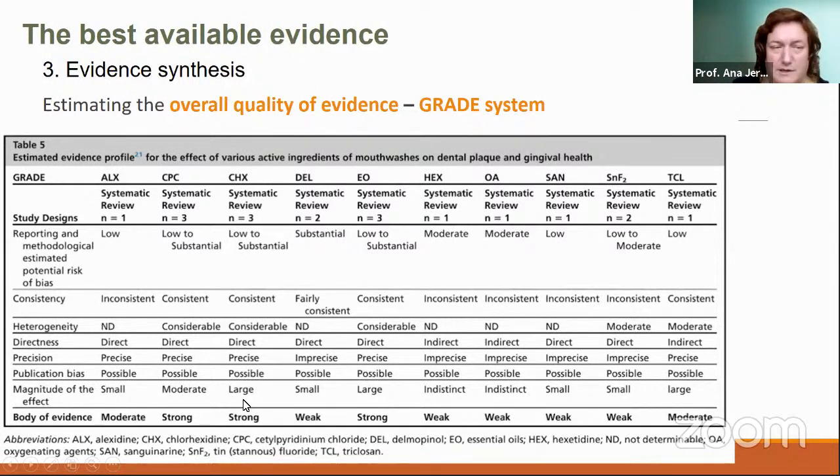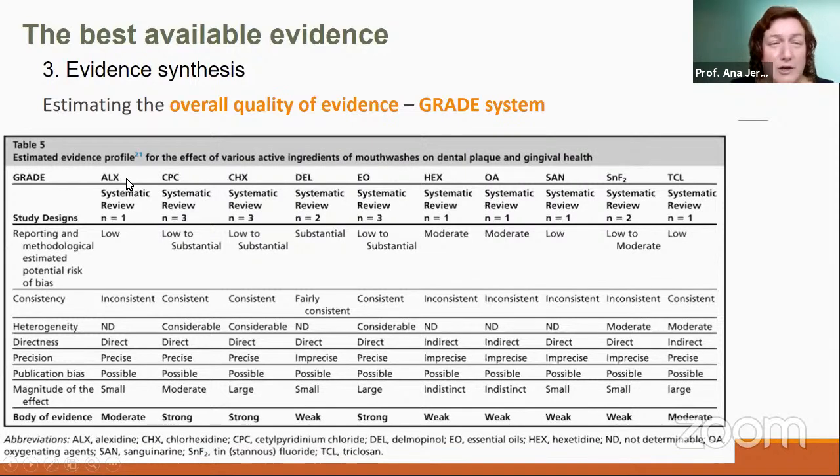The magnitude of the effect was large, but they also investigated reporting and methodological risk of bias, which was low to substantial. So we have one study with low risk of bias. They investigated consistency, heterogeneity of studies, so how studies are different, directness, whether the outcome is really directly assessing what we want to estimate, precision, publication bias, and so on. So for the third column, we can conclude that the evidence is strong.